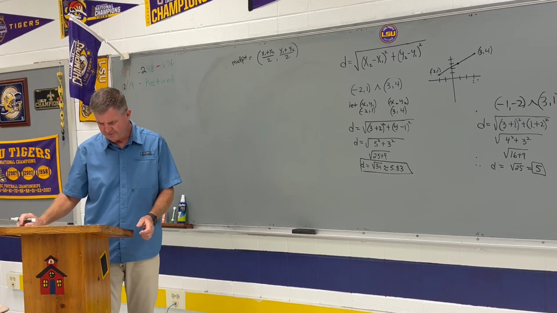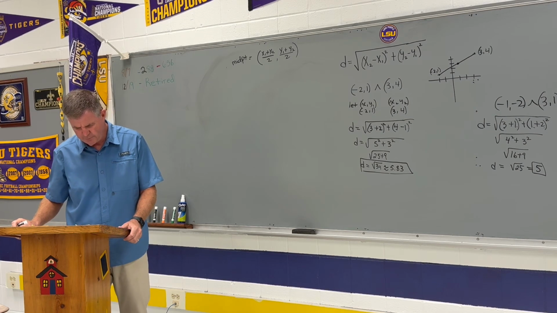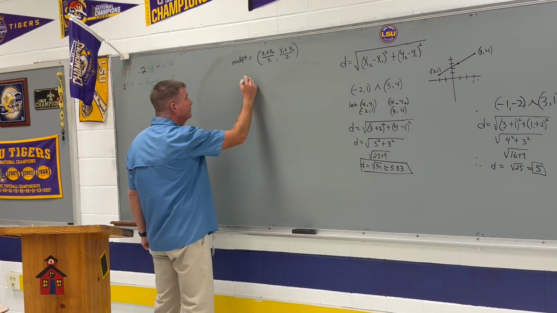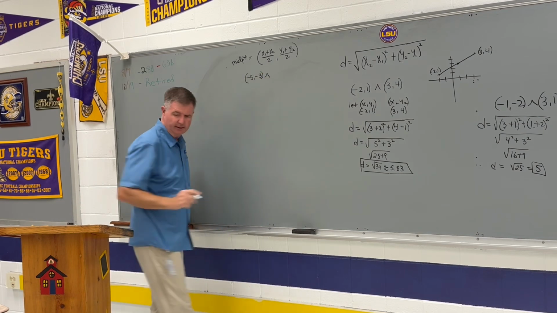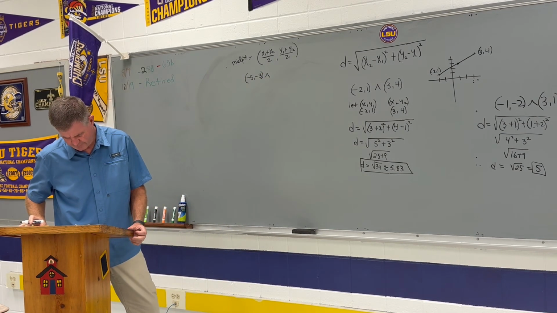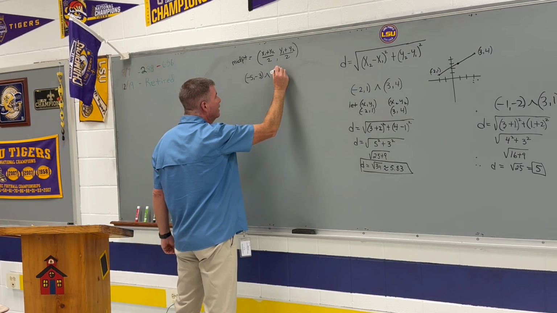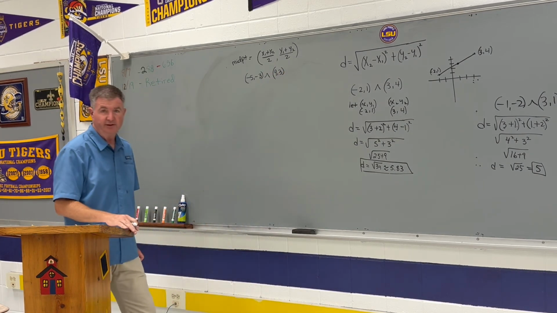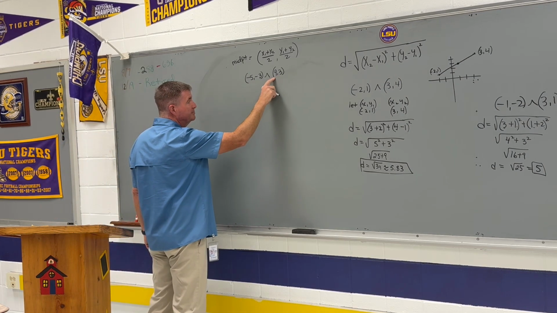So if they want us to find the midpoint of the segment joining the two points (-5, -3) and the second point, which is (9, 3), we would plug it into the formula. Again, we would let this be 1, let this be 2.